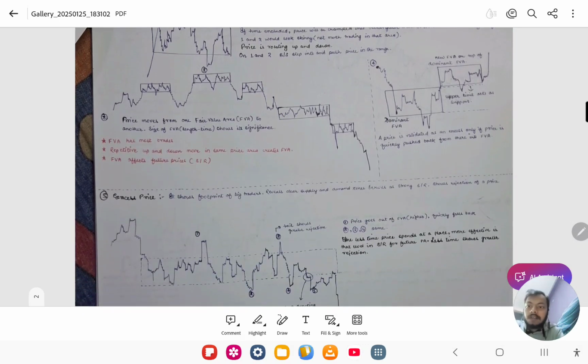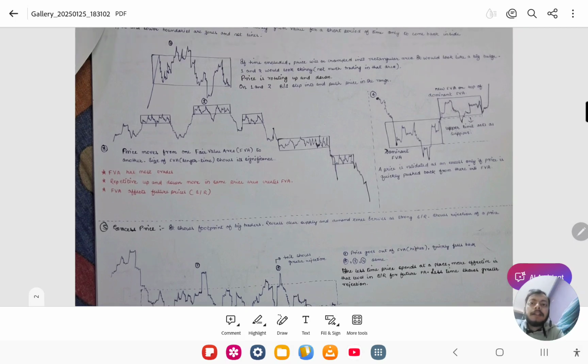After that we have read about some of the characteristics of fair value area. Fair value area has most trades. Repetitive up and down move in the same price area creates fair value area. Fair value area affects future price action, like its boundaries act as support and resistance for further price action.